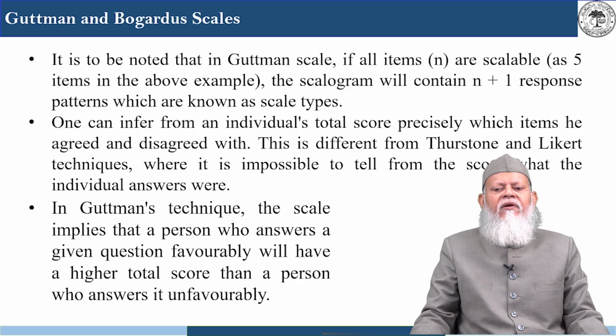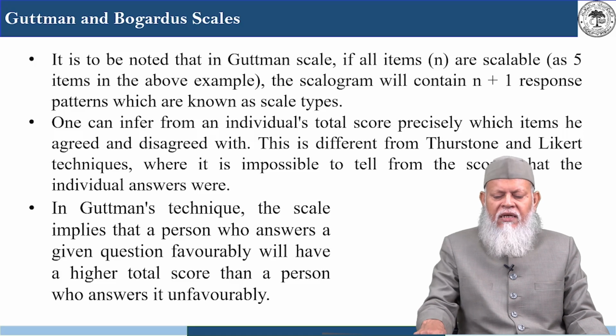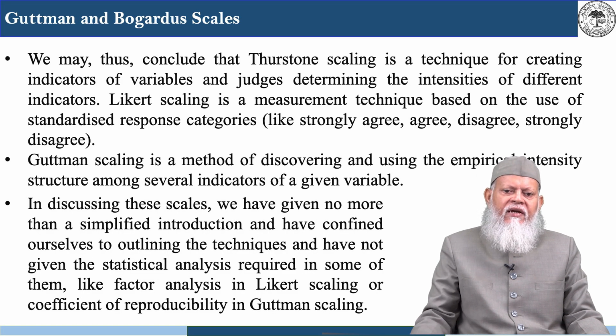This is different from Thurstone and Likert techniques, where it is impossible to tell from the score what the individual answers were. So, in Guttman's technique, the scale implies that a person who answers a given question favorably will have a higher total score than a person who answers it unfavorably. We have seen this in all the examples that we have discussed.